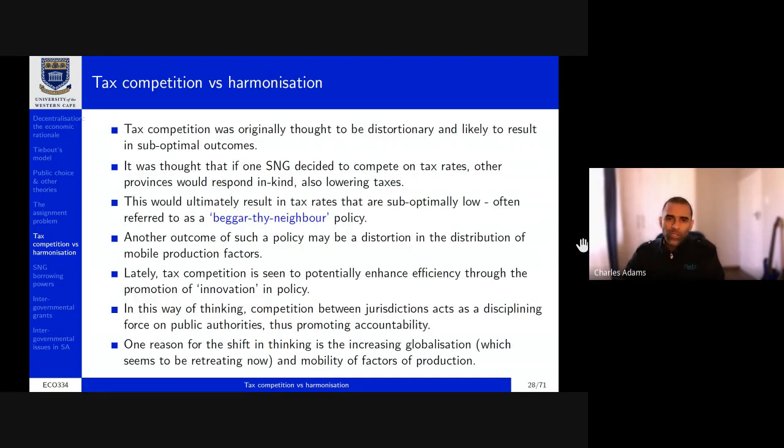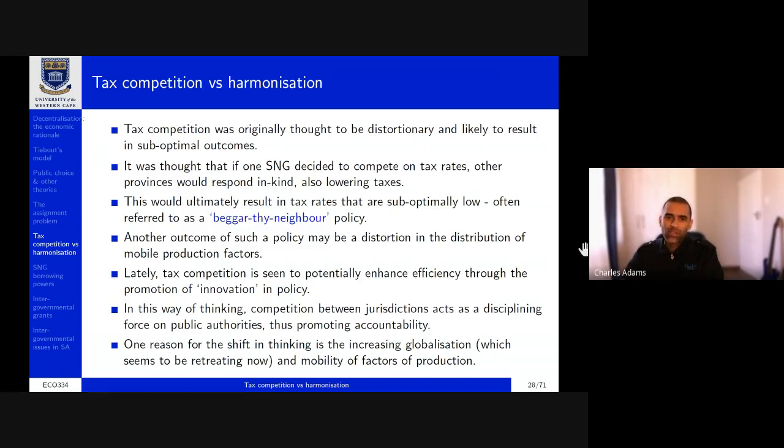Okay, so tax competition was originally thought to be distortionary and likely to result in suboptimal outcomes. For the reason, given the example that I just mentioned, right? So you don't want people making decisions based on differences in tax rates.